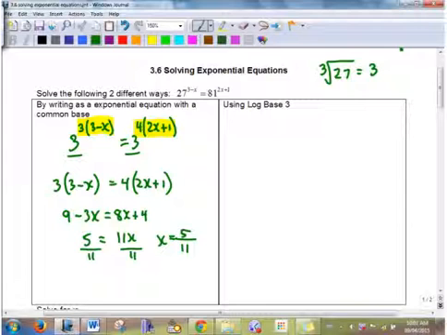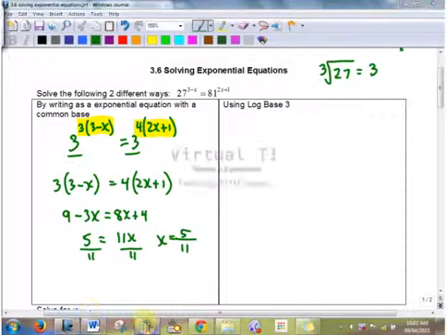Not a nice whole number, so it'd be pretty hard to kind of fudge this by trial and error, right? Might take you a long time, but it's possible. Could we check this? Would that be a good idea if it was your test? I think so.